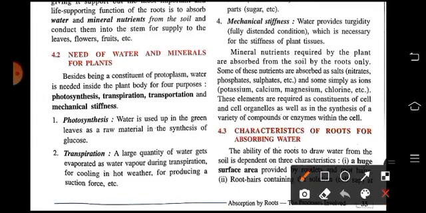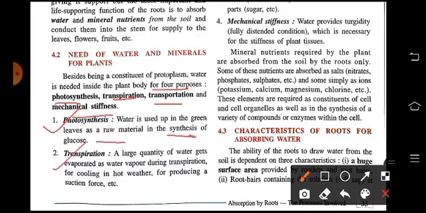Because water is needed in plants for four main purposes, like photosynthesis, transportation, and mechanical stiffness. Water is used in the photosynthesis process, in the synthesis of glucose or food.